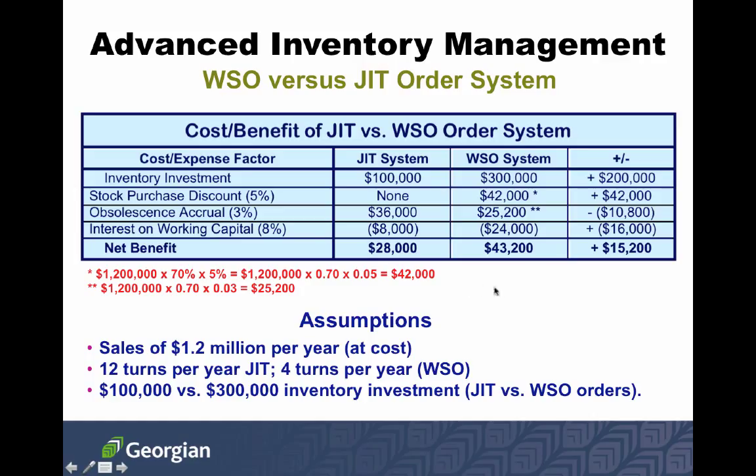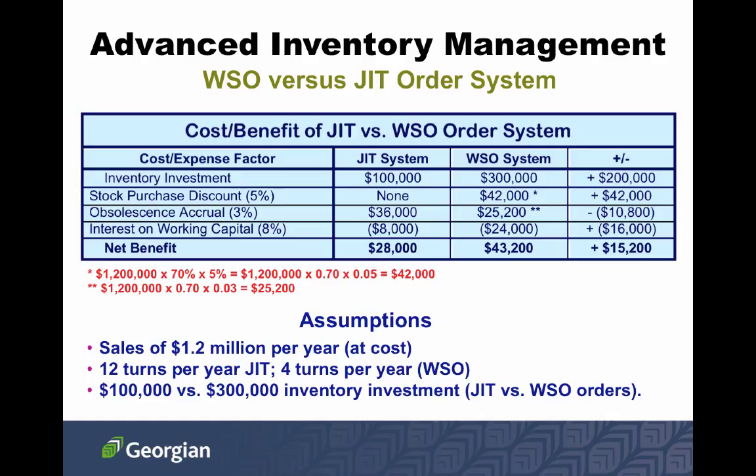Now, a couple more qualifiers. In the weekly stock order setting, the 5% stock purchase discounts that are common and the 3% obsolescence accrual, which also the just-in-time system has, are only available on stock purchases. Daily and supplementary orders, you forgo the discount and the obsolescence accrual.